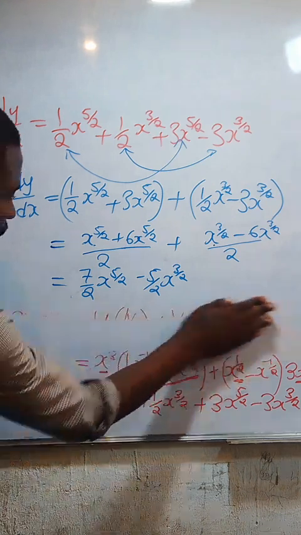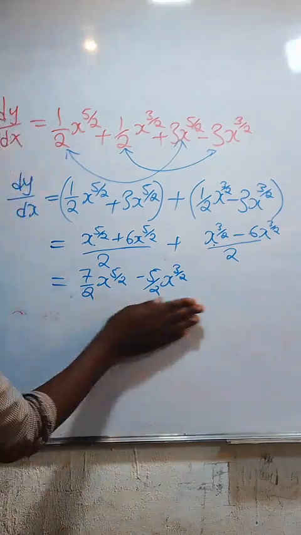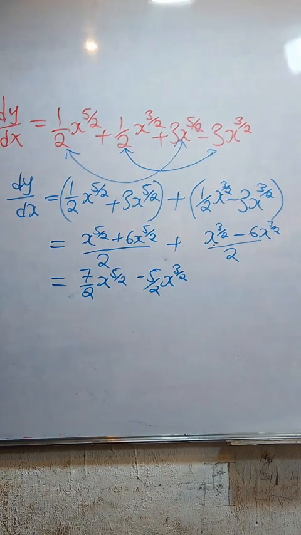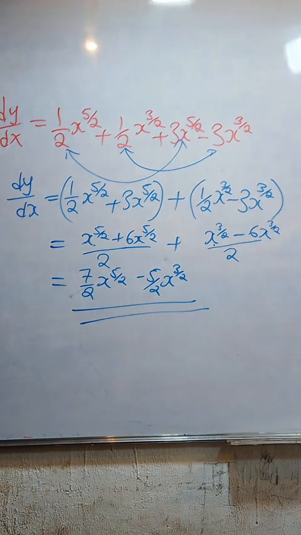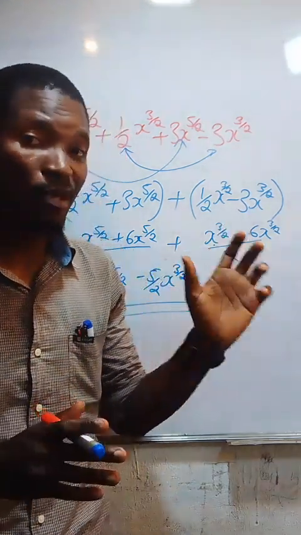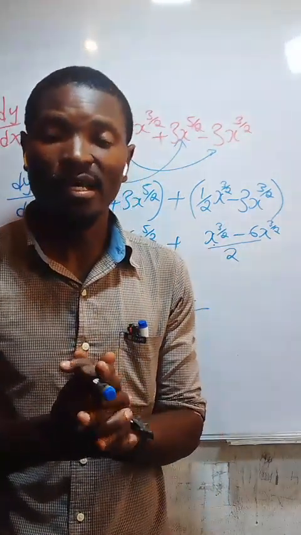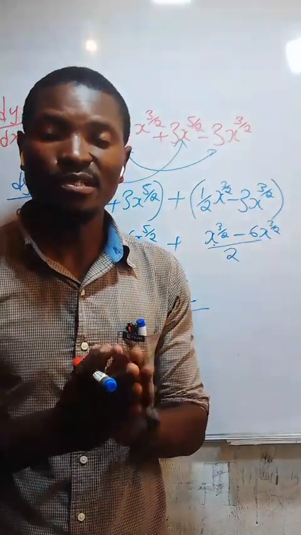So now what you get is the final answer of dy over dx of such a differential equation. That's the final answer. You have to be very careful when you're differentiating something that has fractions, because we have to do a bit of step-by-step addition and subtraction as well. So that's how you can differentiate this one using the product rule. This is our example 2.